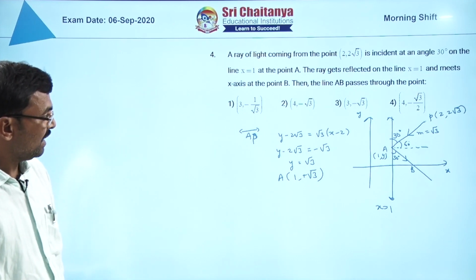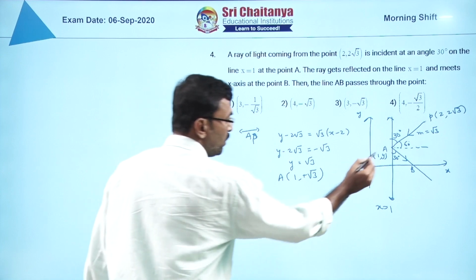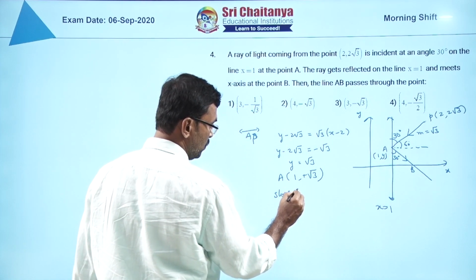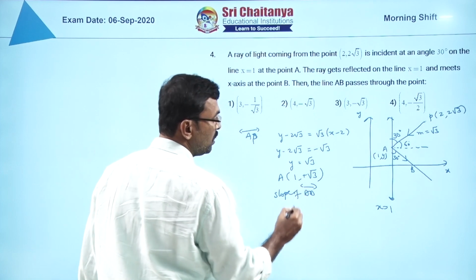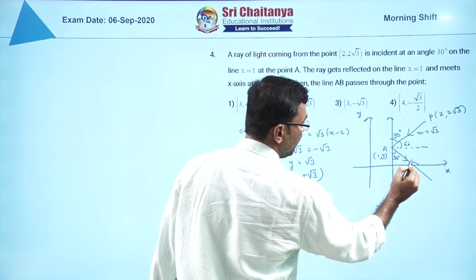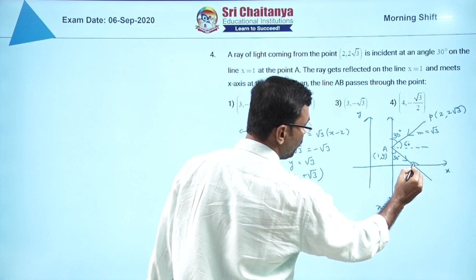So, now I am calculating the line AB. Slope of AB is, because it is making an angle 60, 30, next 60, 150.